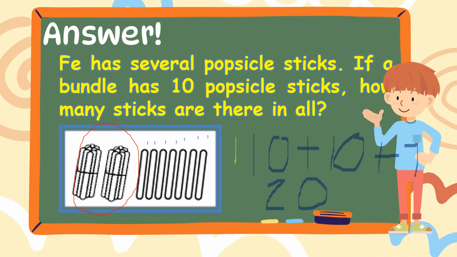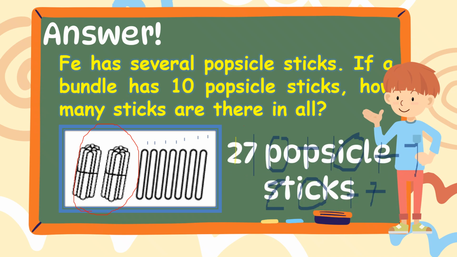Plus 7. What's the answer? Very good. That is 27. Perfect. So the answer is 27 popsicle sticks. So now let's go to the next problem.